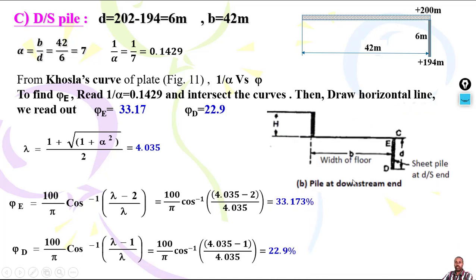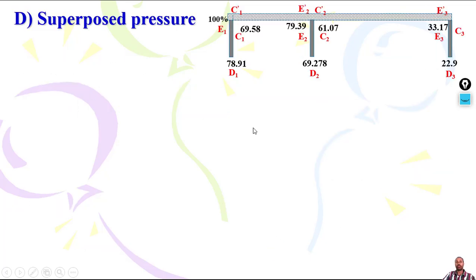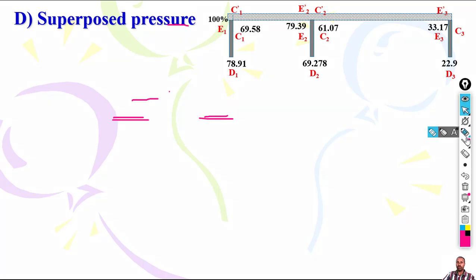Then you can just have this alignment: sheet pile at the upstream end, percentage of pressure at E and at C. So sheet pile at the downstream end, you have calculated these values. Then finally, superposed pressure. You have to write just A1, C1, D1, already computed values.